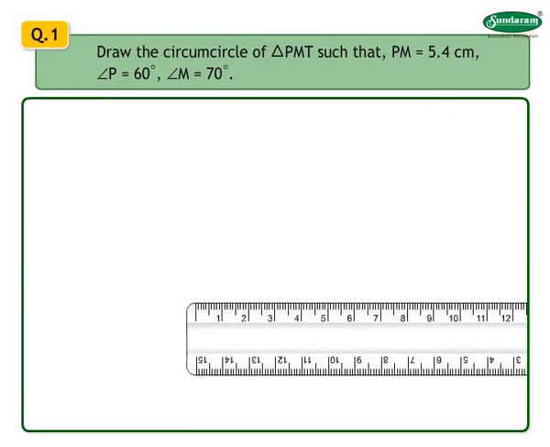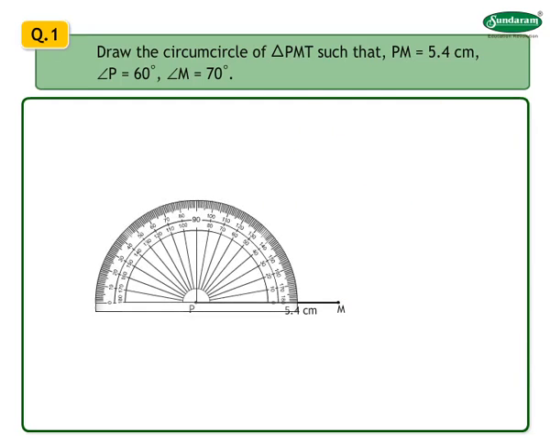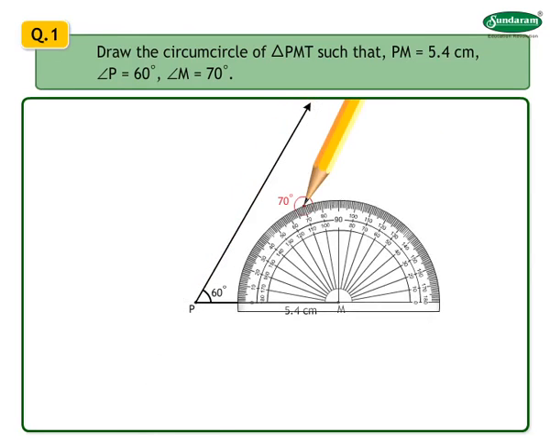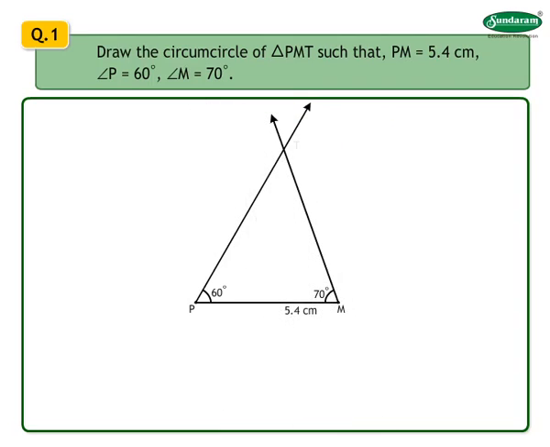First, draw segment PM of length 5.4 centimeters. Measure 60 degrees from point P and draw a ray. Now, measure 70 degrees from point M and draw a ray. Now mark the point of intersection as T. Thus, we get the required triangle PMT.